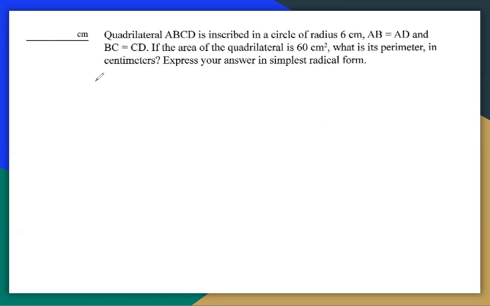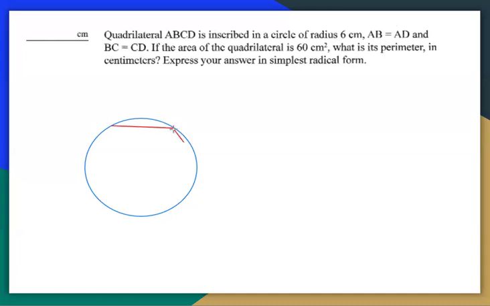Let's start with the visual to see what things look like. Let's start with a circle, and we are told two sides are equal and the other two sides are equal, which means we do not know how big they are, which is why I'm going to just make a quadrilateral and see if that gives us something.